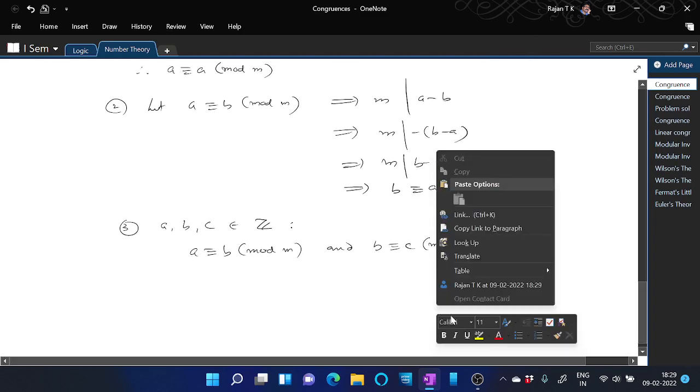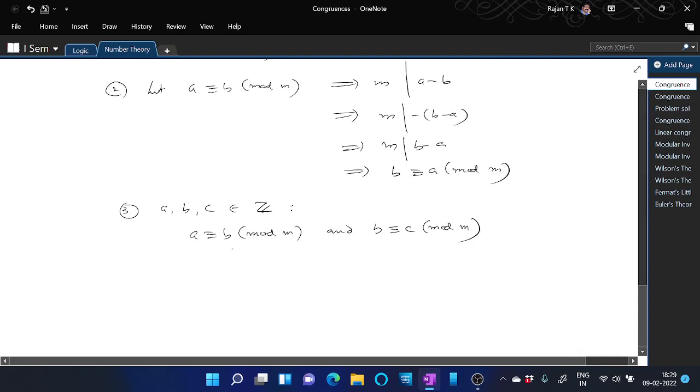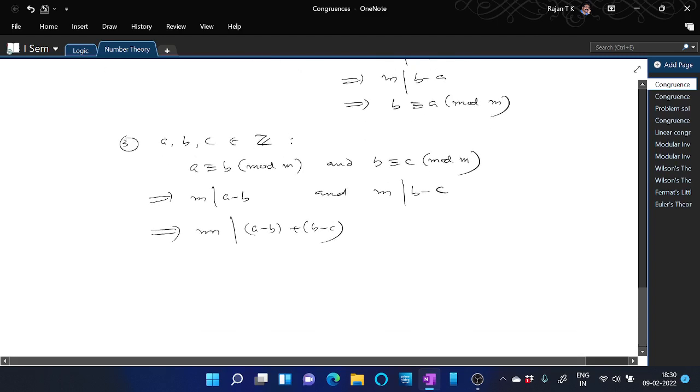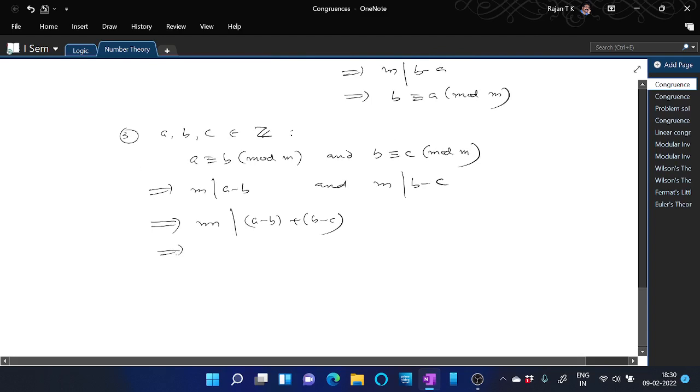Then, by the definition, m divides A minus B, and similarly m divides B minus C. Since m divides both A minus B and B minus C, clearly m divides their sum.